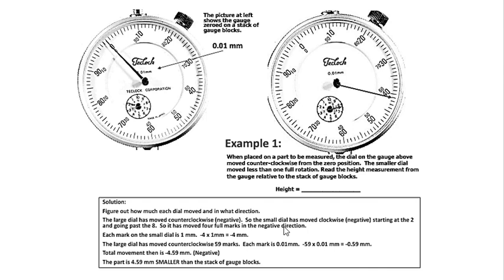So when you bring it down, when we're practicing with the former example, you're doing it with the gauge block stack, and then you swap it, right? When you do the direct measurement, okay.